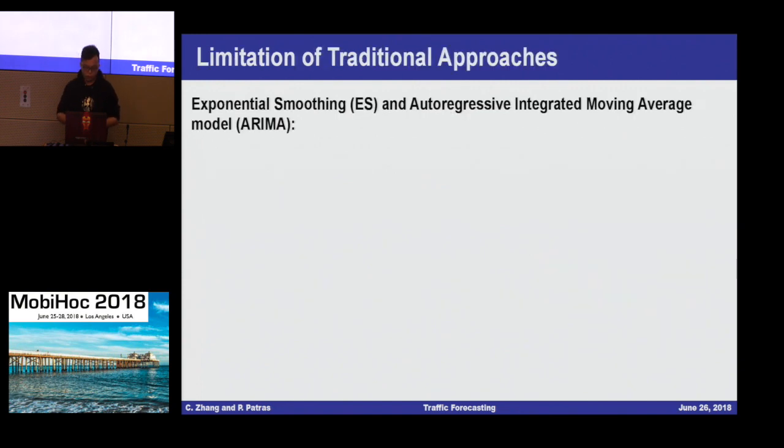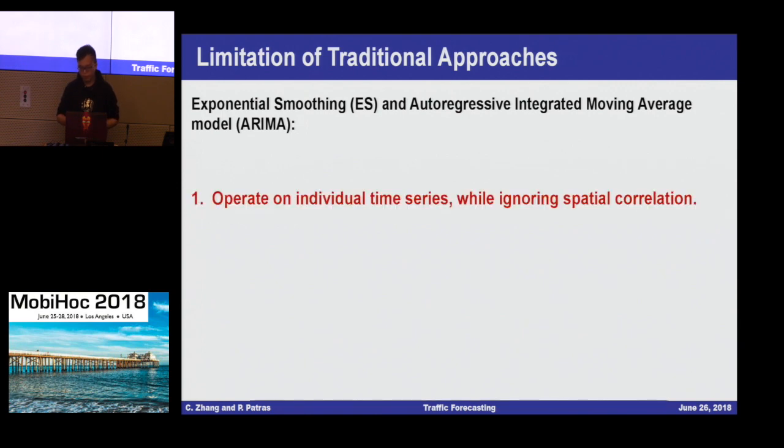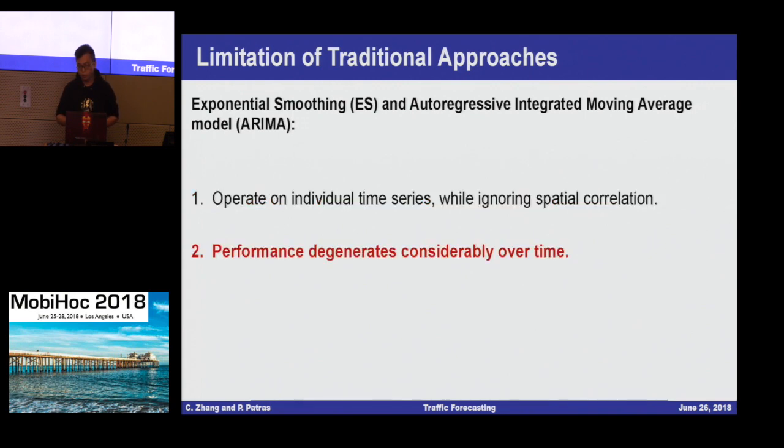However, this forecasting problem is not that straightforward. There have been a lot of methods trying to tackle this problem, such as exponential smoothing and ARIMA. These approaches operate on individual time series, so they ignore the spatial correlation between traffic series, which limits their accuracy.